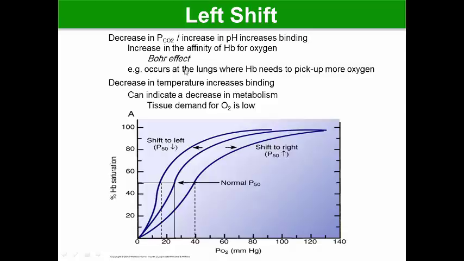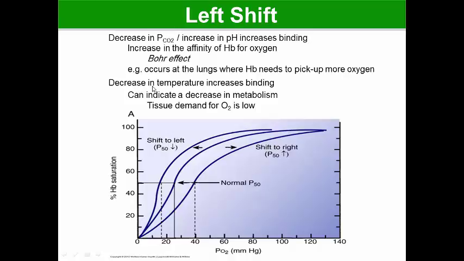So, at the lungs, we have an increased affinity of hemoglobin for oxygen. So, hemoglobin needs to pick up more oxygen. So, the affinity of hemoglobin needs to increase. And what increases the affinity of hemoglobin to oxygen is the decrease in the partial pressure of carbon dioxide or the increase in the pH according to the Bohr effect.